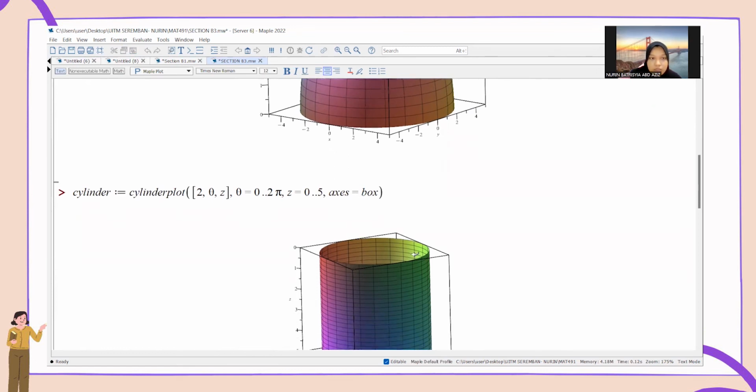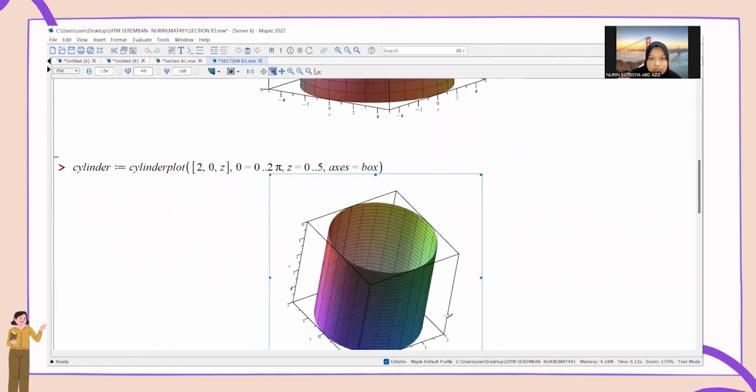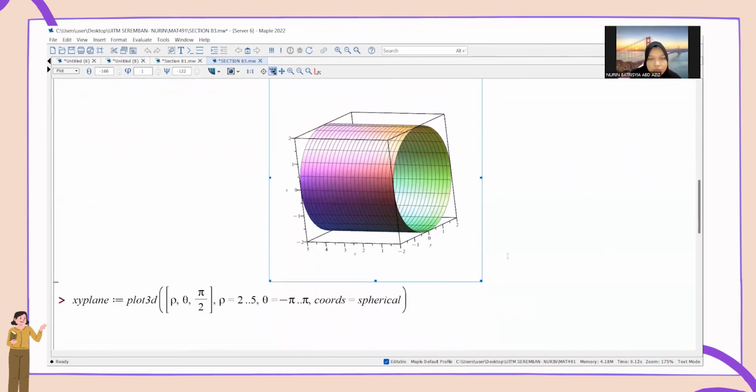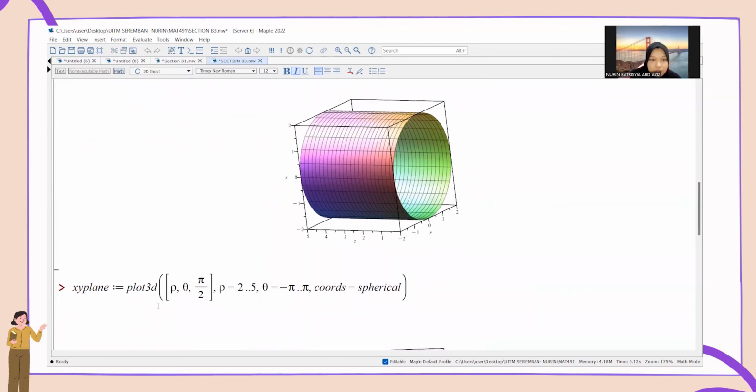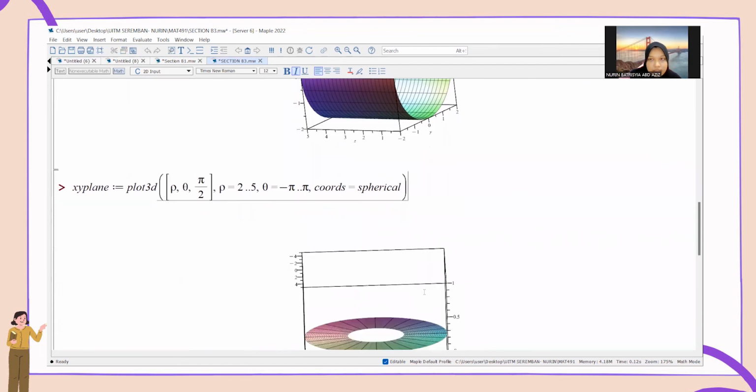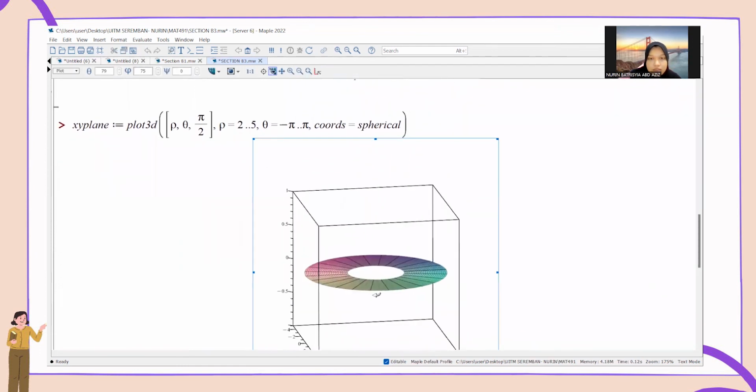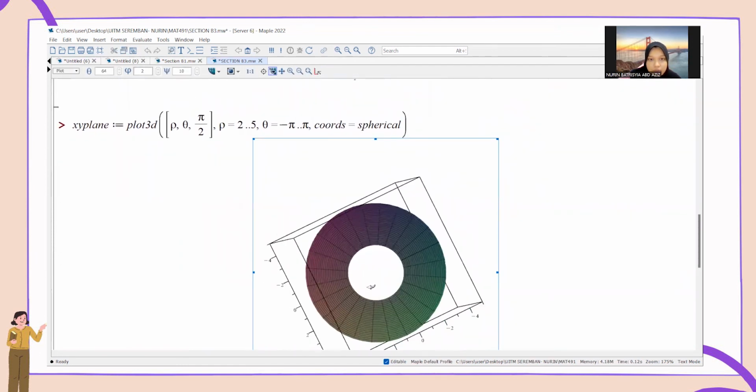So we will get the figure like this. Now we want to do the XY plane. So XY plane is plot 3D, open bracket, rho, theta, pi over 2, where rho is equal to 2 to 5, theta equals to negative pi to pi, and the coords is spherical. Then we will get the figure like this for XY plane.